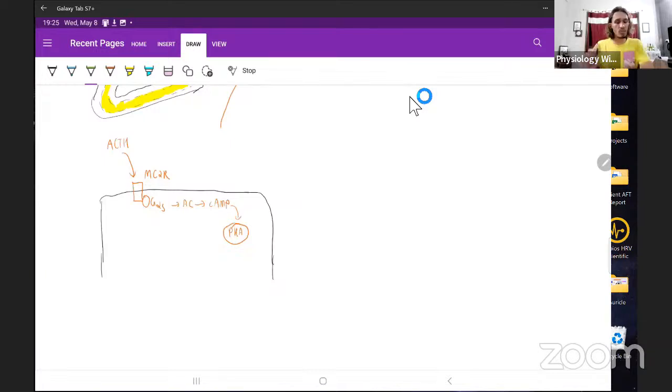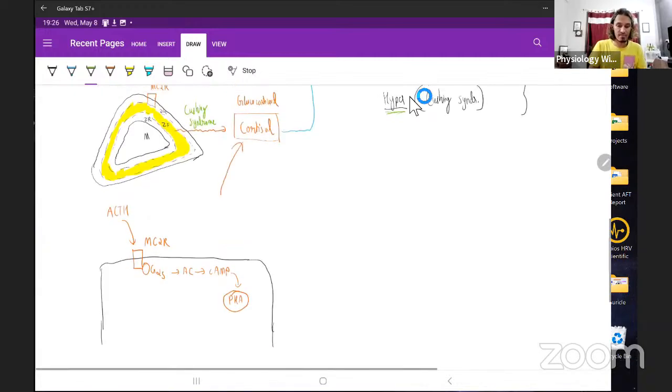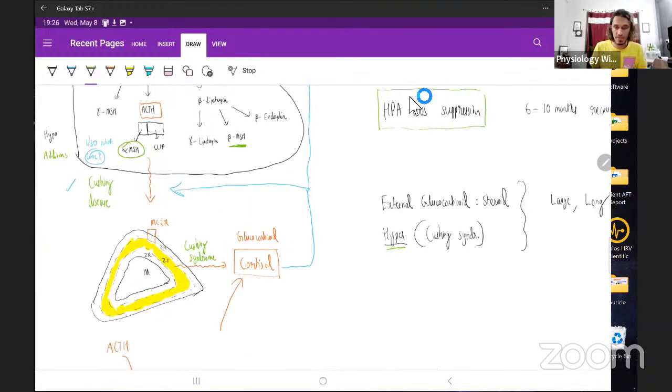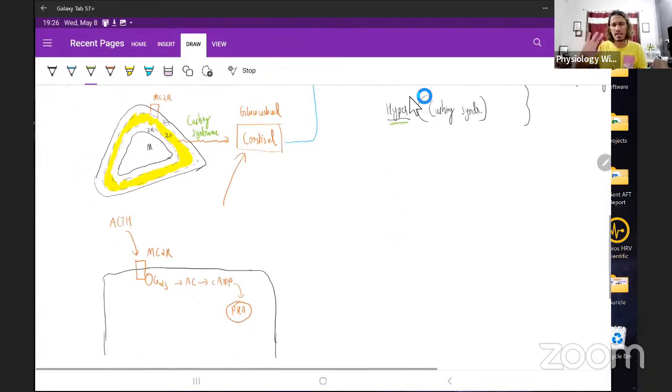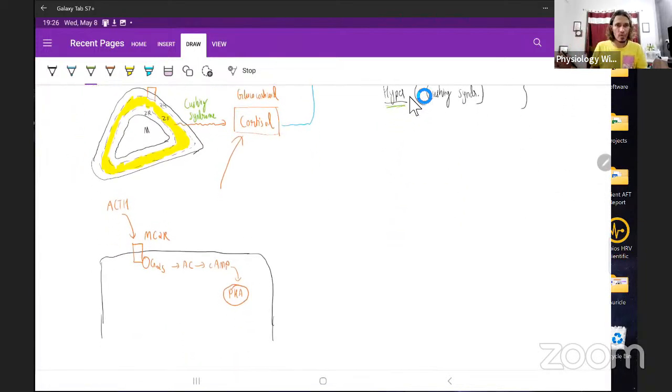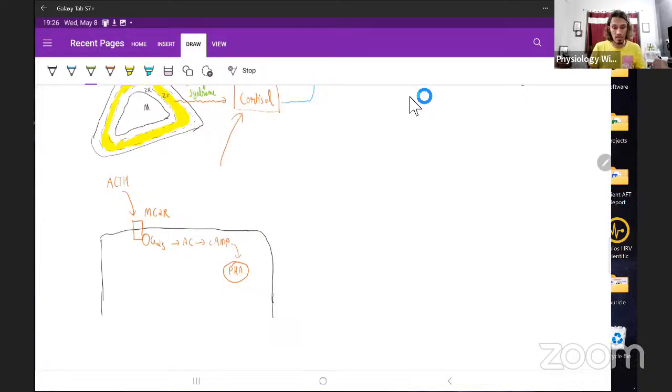So steroid type of hormone, if you remember, it is not preformed and stored like your ACTH or corticotropin releasing hormone, growth hormone, insulin, none of that. Okay, it's not preformed and stored, but when a signal from outside is coming in, at that time it starts synthesizing.